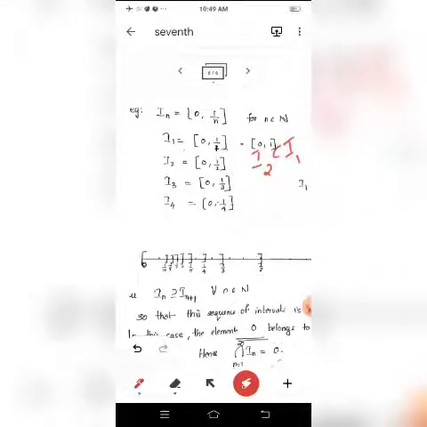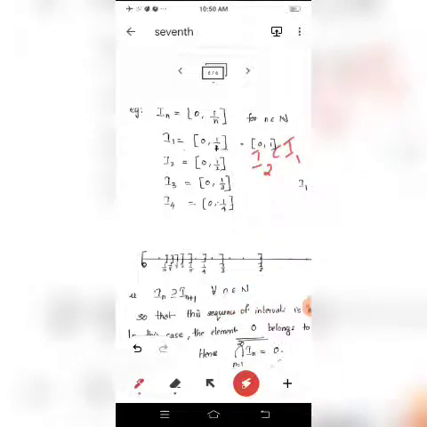In I4, we can see that I4 is contained in I3, that is contained in I2, and that is contained in I1. So in general, we can say that In is a superset of or equal to In plus 1 for all n belongs to N.